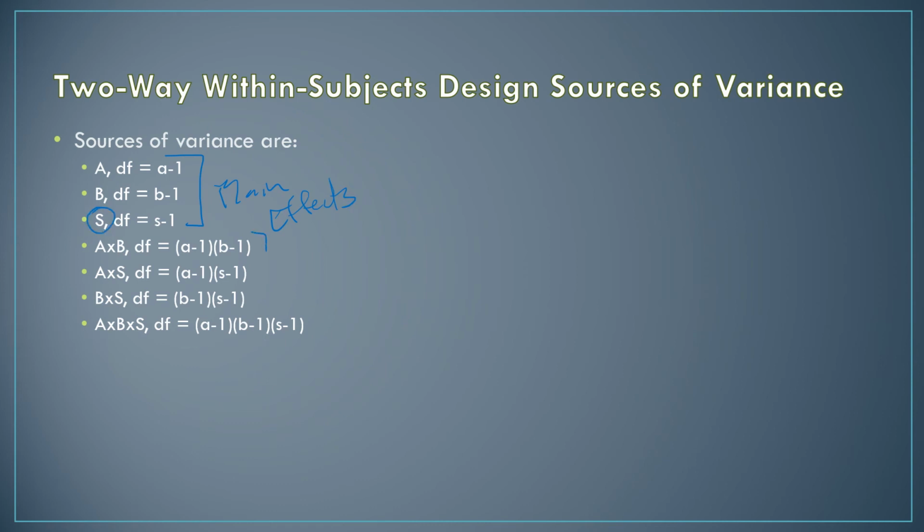You have your interactions, which include the pairwise interactions. And this includes when you're looking at the two factors interacting with each other, but then also you have to look at each of the factors' interaction with the variance of each individual subject or participant as well. And then you have this three-way interaction.